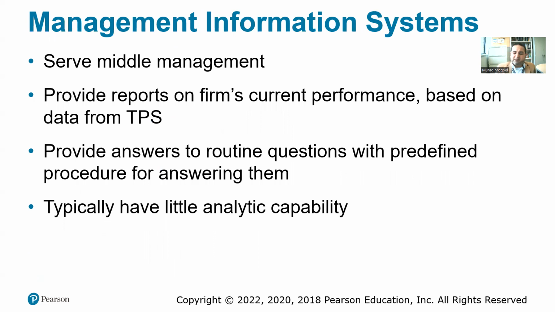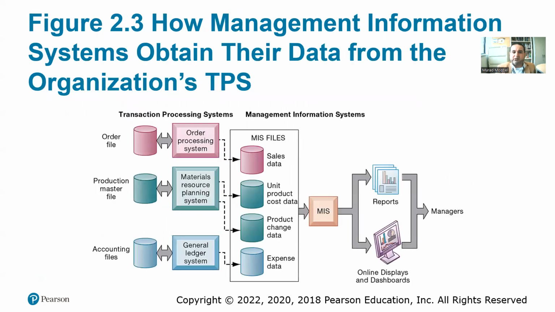Management information systems, you can think about as a system that collects data from different functional areas and integrates this data into a data warehouse or a data mart that can produce reports and dashboards for managers, right? We already talked about management information systems last week in the first class. This emphasizes what that does.